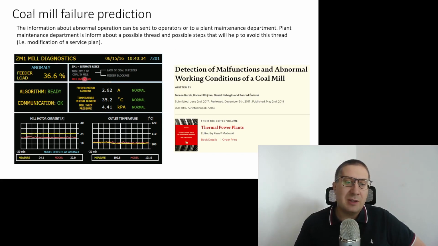For example, here there is a risk of the mill overload, so the anomaly is detected. All those signals are in normal ranges, but still we are detecting the mill overload, because the sensor value associated with the mill motor current is higher than the model.